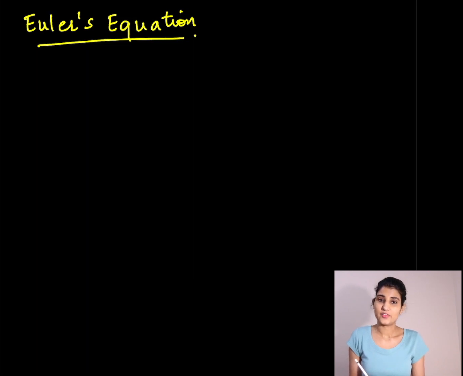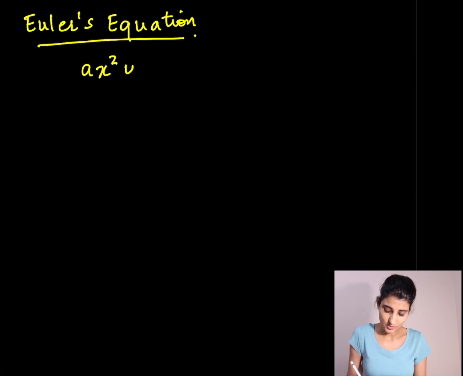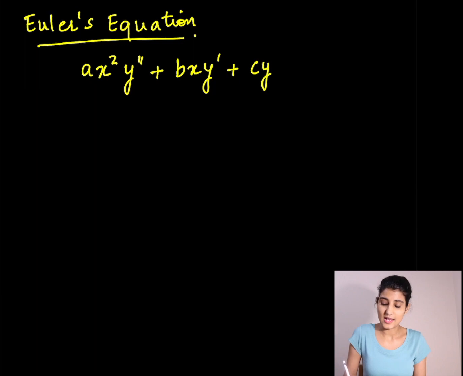So the Euler equation is of the form a x square y double prime plus b x y prime plus c y equal to 0. Basically, if you are talking about the second derivative, x square is multiplied with it.